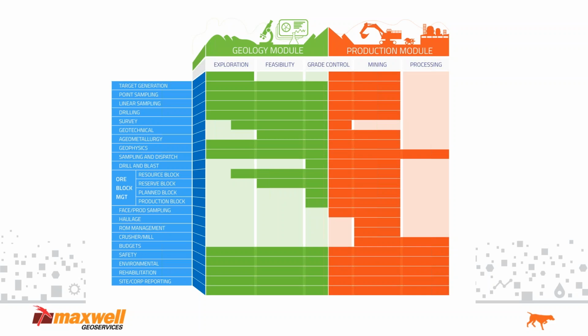The production module, highlighted in red on the right, extends into grade control, drill and blast, the ore block management, trucking, material movements and through to basic processing. The production module is fit for purpose, single and multiple commodity tracking, and is available for both open pit and underground operations.